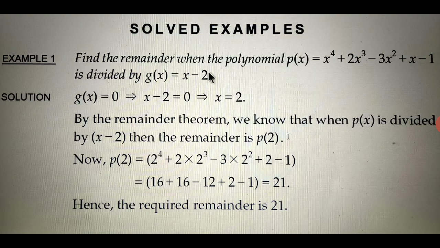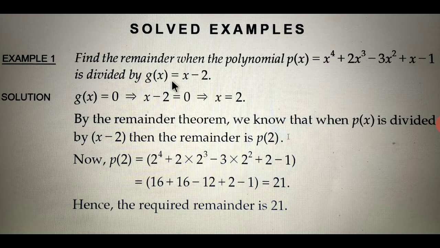Find the remainder when the polynomial p(x) equal to x to the power 4 plus 2x cube minus 3x square plus x minus 1 is divided by g(x) equal to x minus 2. We have to find out the remainder when p(x) is divided by g(x). What we have to do?